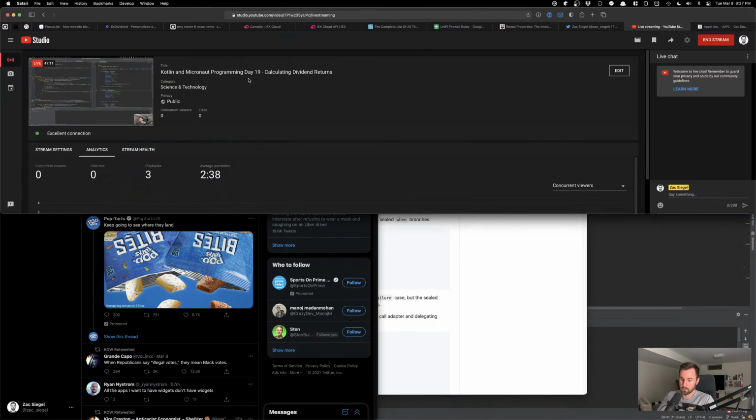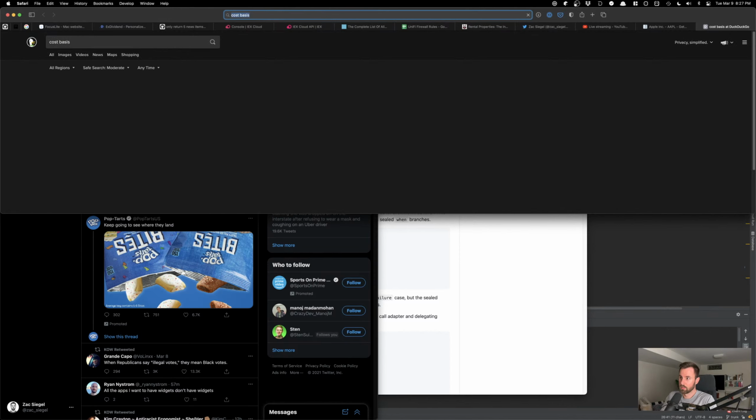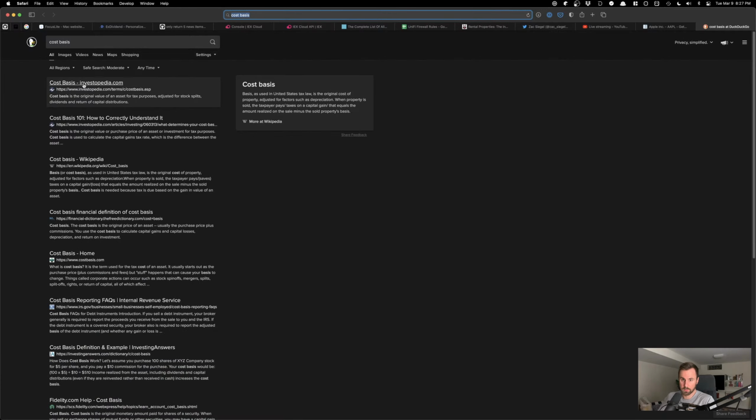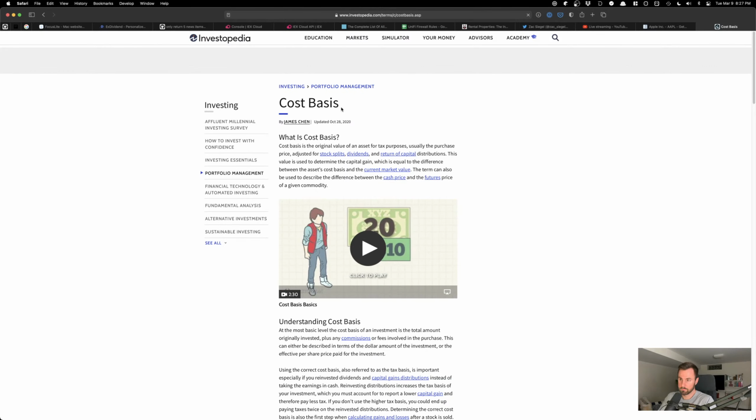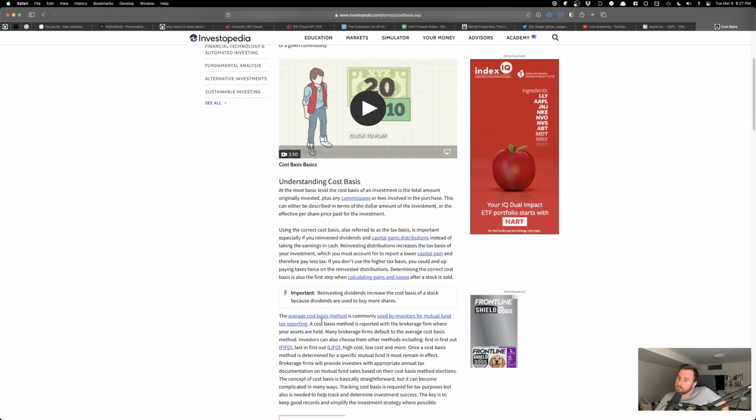Let's just look this up just to be safe. But I'm pretty sure in regards to splits, it doesn't matter. Oh, adjusted for stock splits, dividends, and return of capital distribution. Oh, no. Cost basis.